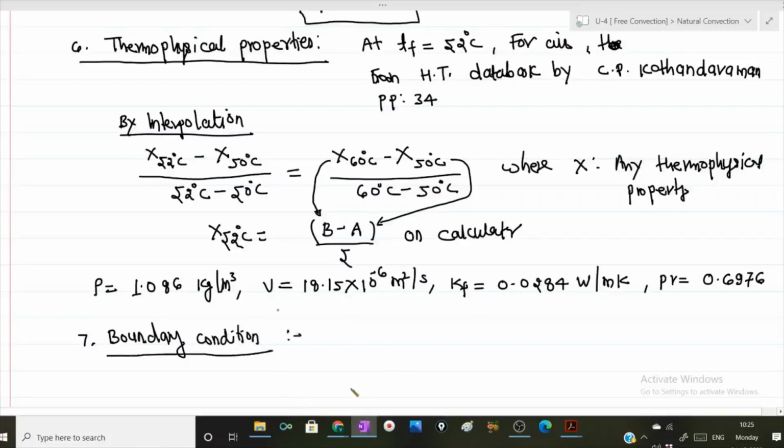So in this case, clear-cut, the surface temperature of the plate is given. So the boundary condition is constant wall temperature.